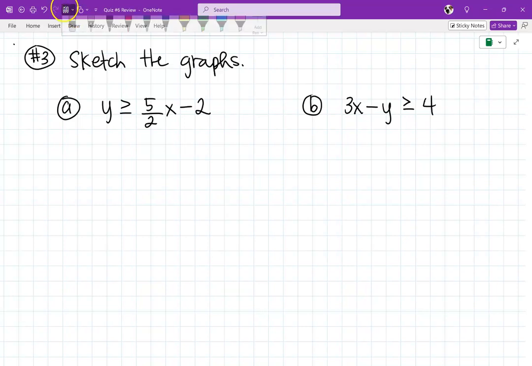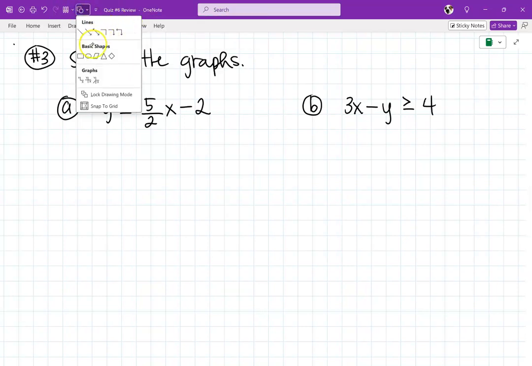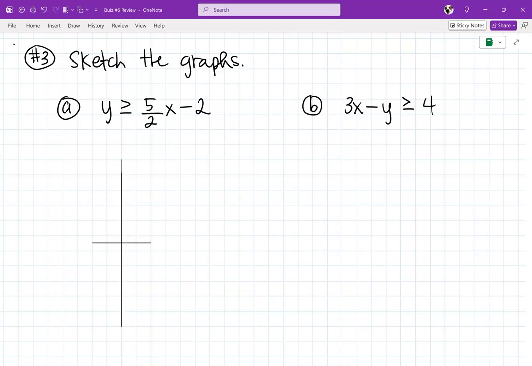So let me go ahead and make a coordinate plane here. Try to make it big enough so it fits the actual line.